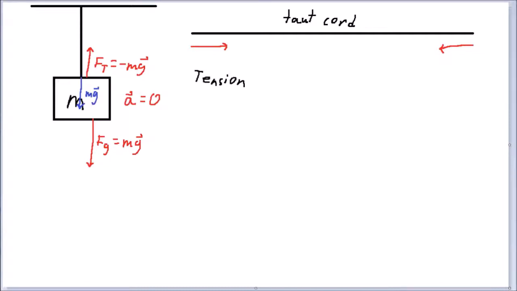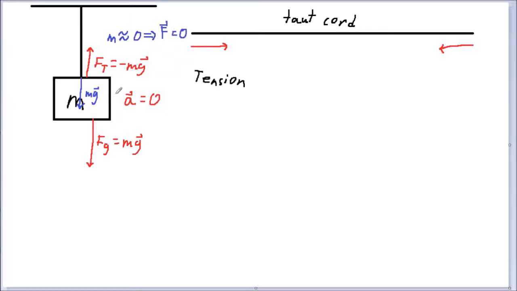But now, assuming that this cord is very light, the mass is negligible. Let's say the mass is approximately 0. Since force equals mass times acceleration, no matter what happens here, the net force on this cord must be 0.